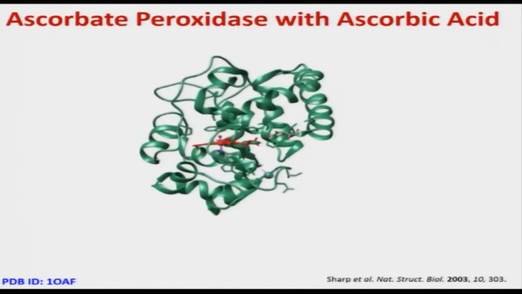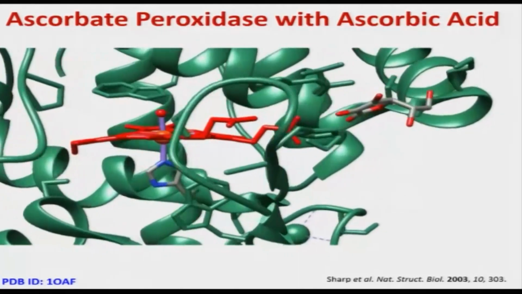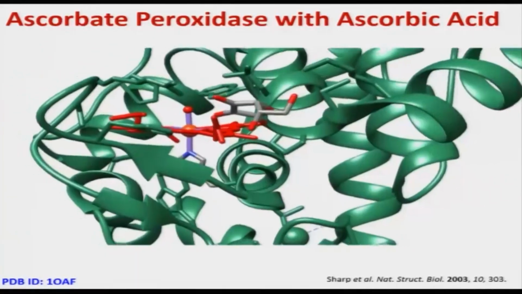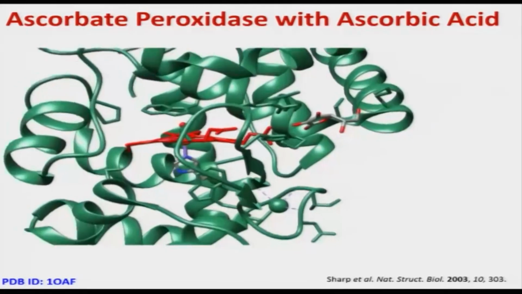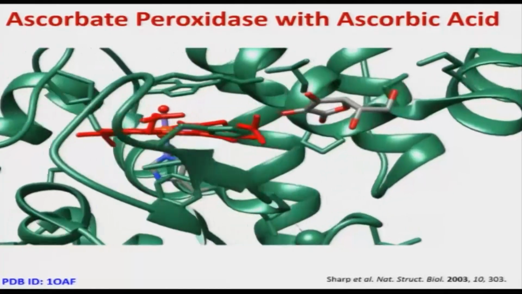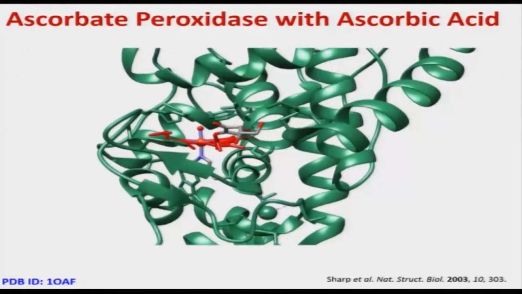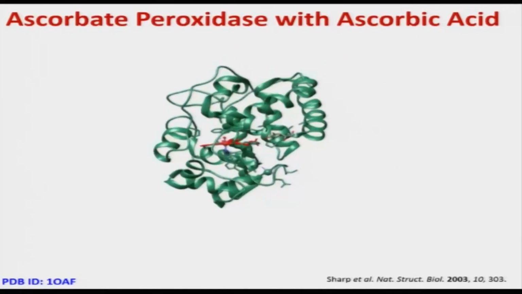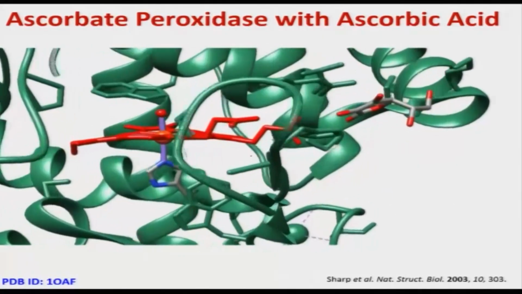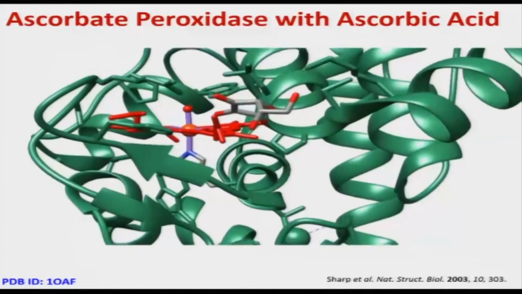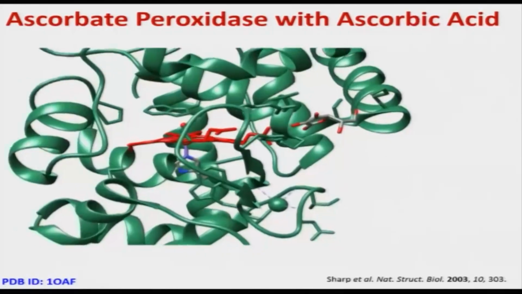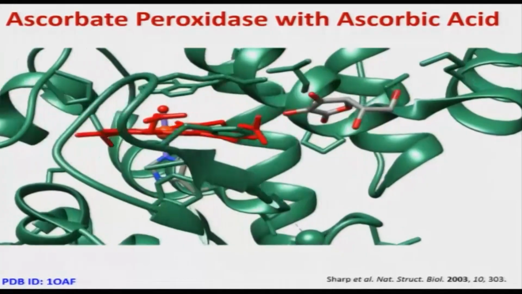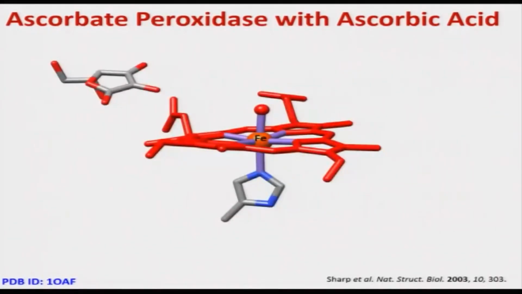And this is another X-ray structure, of ascorbate peroxidase with ascorbic acid as a substrate. You can see the heme center sitting at the center, and the ascorbic acid is also placed within the protein chain. If I remove the protein, you can see the ascorbic acid.